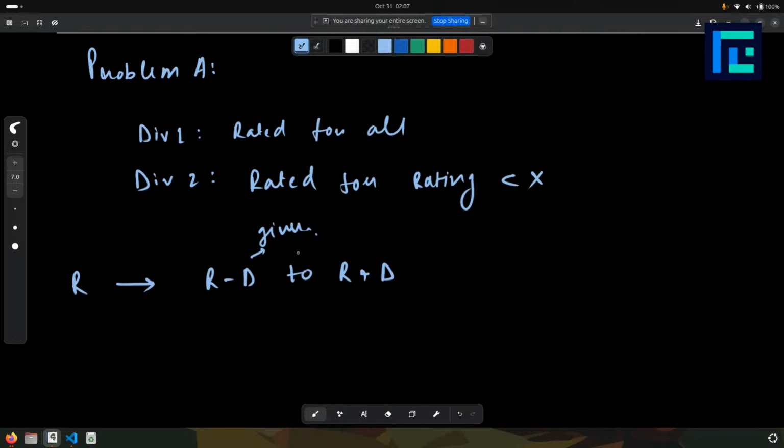So we need to find out the maximum number of rounds that we can participate in.